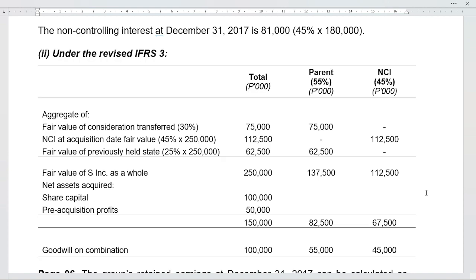Yung isa, the NCI value being measured at its proportionate share sa fair value ng net identifiable assets ng acquiree. Ito naman ay the fair market value of an NCI at the acquisition date. Acquisition date fair value.